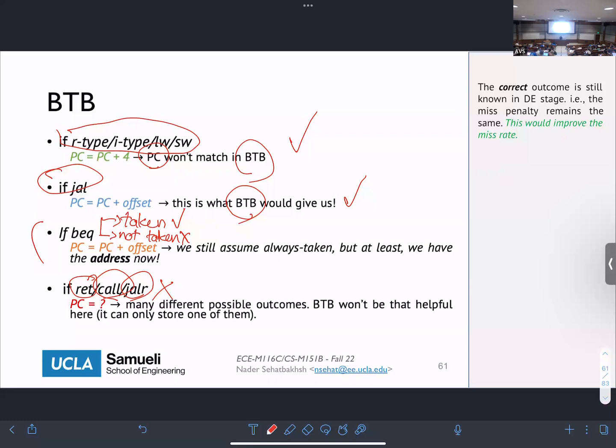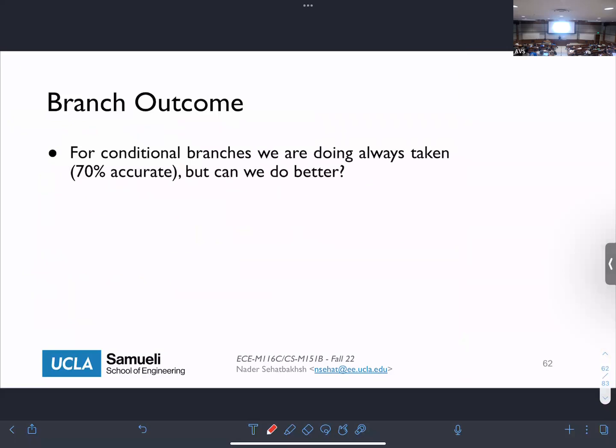So we solve most of our problems, but we still need to think about the direction of our branch and maybe improve our BTB with directions, and then also do something with our return, Jalor, and call.